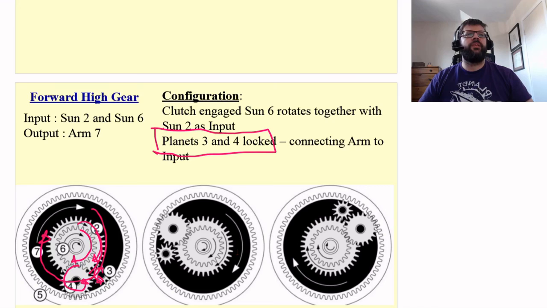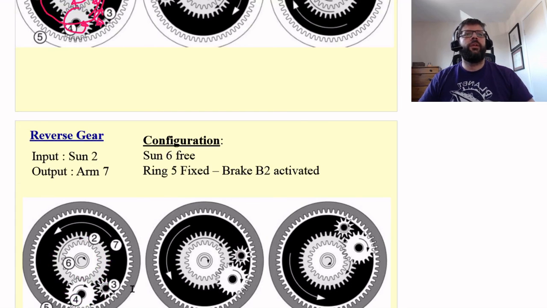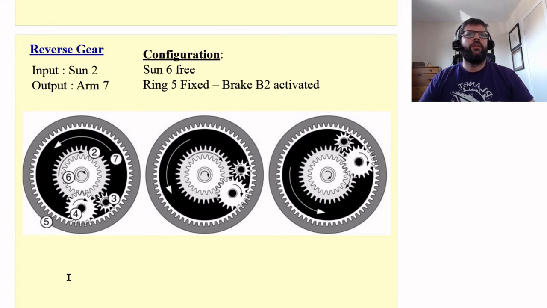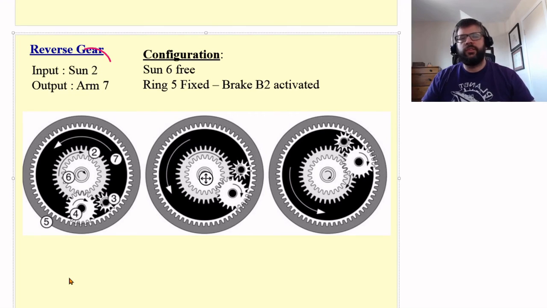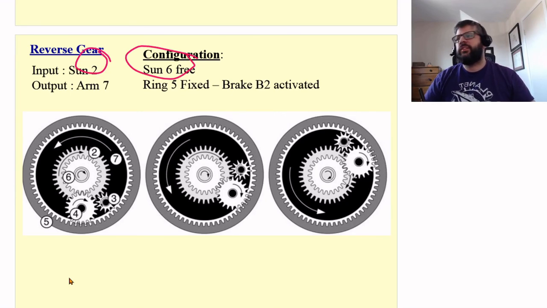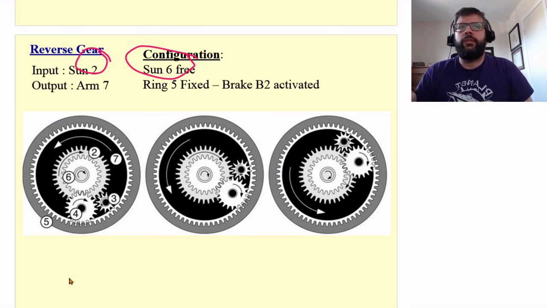And then we got reverse gear. So if we're going to leave, here, we're going to use the Sun 2 as the input. Again, we always use Sun 2 as the input. We're going to leave 6 free. So we're not going to cause it to stop, and we're not going to cause it to be locked with the clutch.